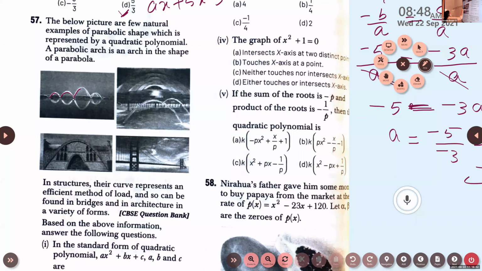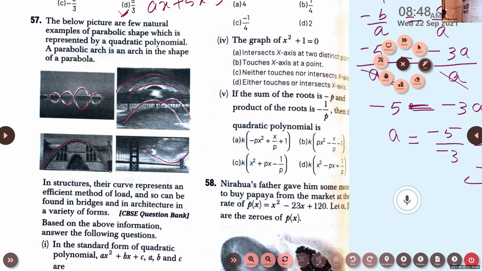Here also, downward also, we can see parabola. Many fountains in some parks we can see. See, this also is parabolic. Some of your houses, the front portion will be an arch, a parabolic arch.